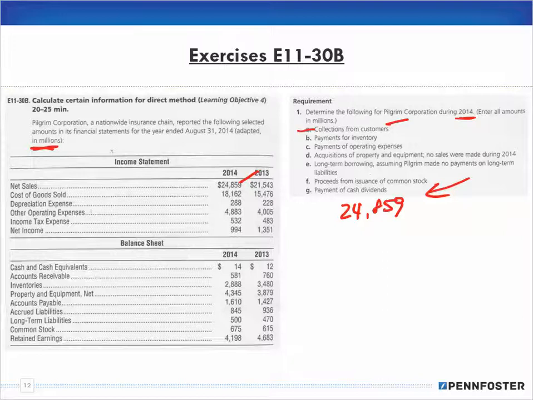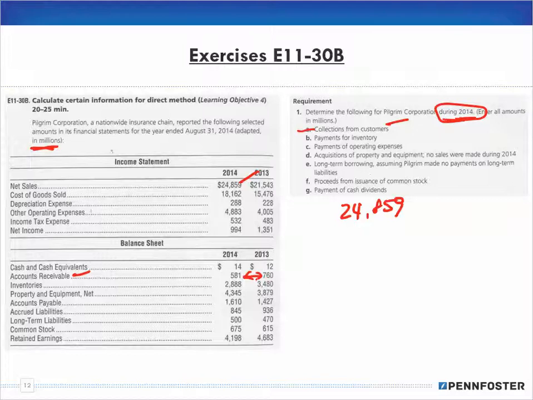So I start out with my sales of 24,859,000. Then I have to look at my accounts receivable. Well, I can't just take one number; we're talking about during 2014.